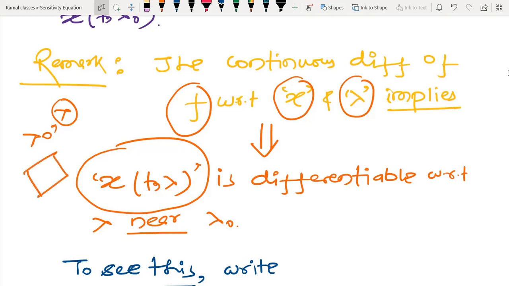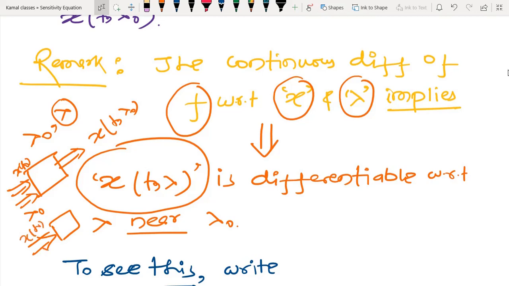So what basically I am telling is, I have initial condition x(t0) and this is lambda 0, and the corresponding solution I call x(t, lambda 0). After that I have the same system, and again I have initial condition x(t0) and lambda.